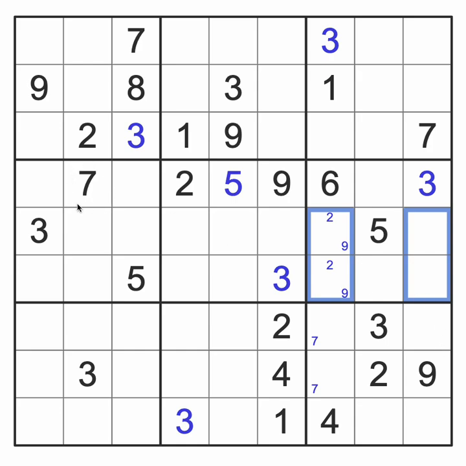And the 7 in box 4 blocks this cell. That gives me 7 here. And let me erase these for now. Okay, and 4, 5, 6, 8. Right, and 4, 1, 4, 5, 6. And these are 1, 2, 4, 6, 9.